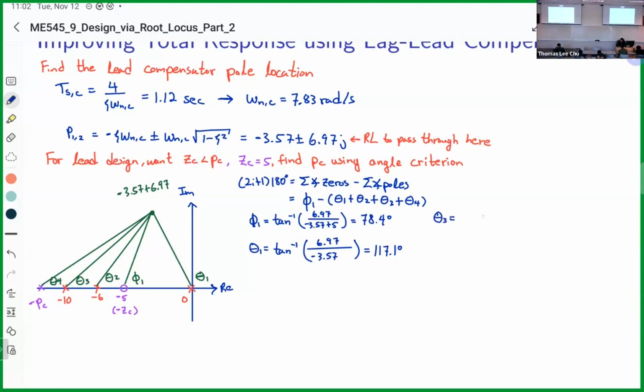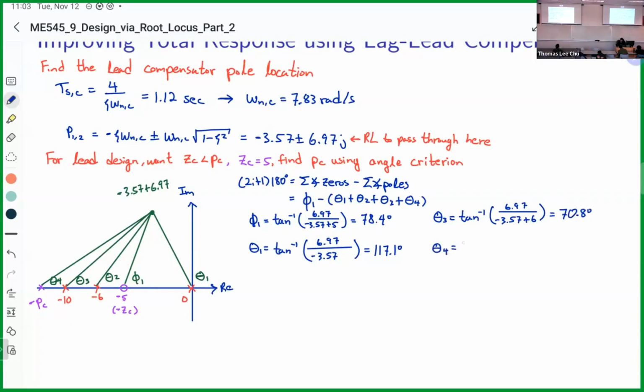Theta 3 is arctan of 6.97 divided by minus 3.57 plus minus 6, so that's plus 6. And I get 70.8 degrees.